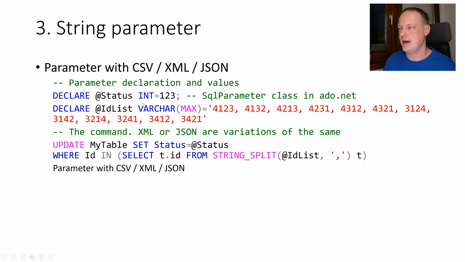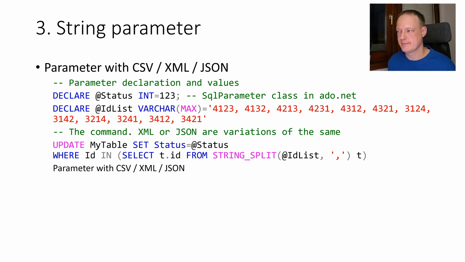It looks like this: ID list equals, so this is one string, and we have the update command set status equals, where ID in, and then you have this ID list as a string, and you need to somehow parse that string and convert it to a table to be able to use this comparison.